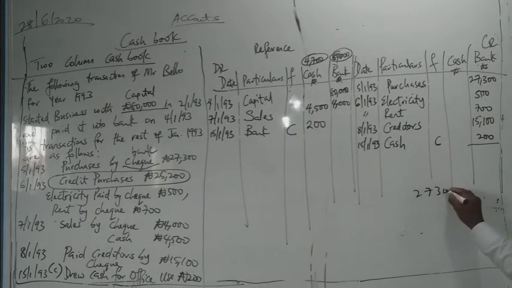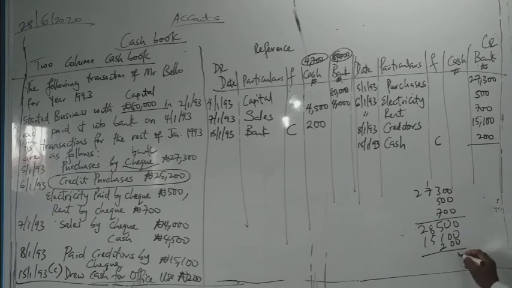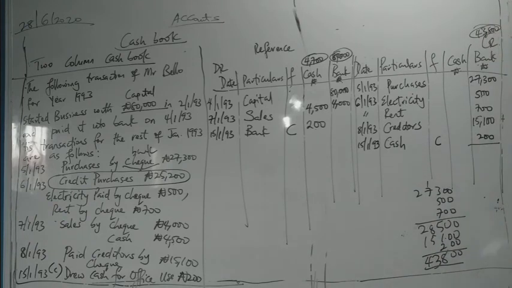This 27,300, 500, 700, everything will give us 008, plus this 15,100 and 200, which will give us 6, 8, 13, 4. So this side will give us 43,800.